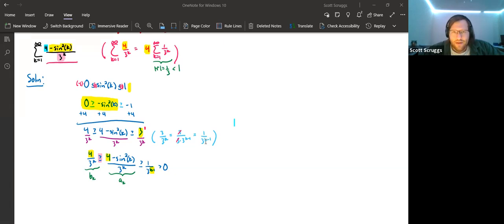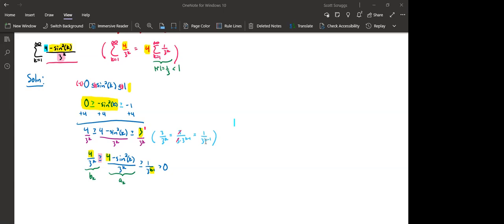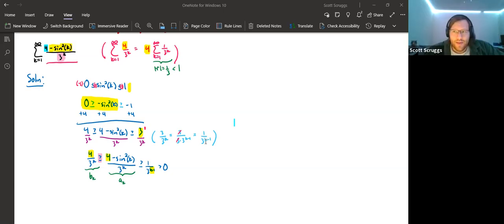And so that's why the only time I would use direct comparison test over limit comparison test is if I have something in the terms of the original series where I do have an inequality for.